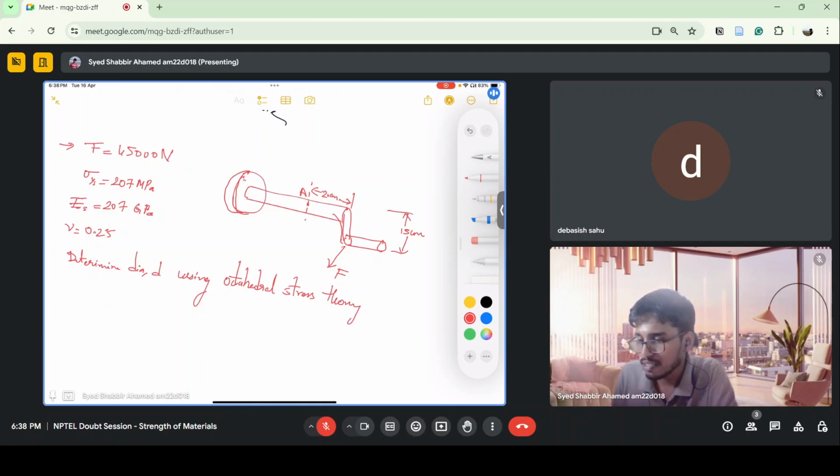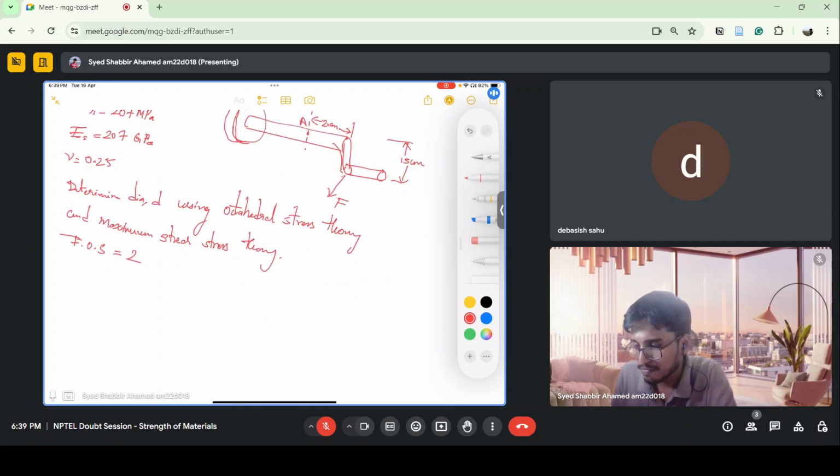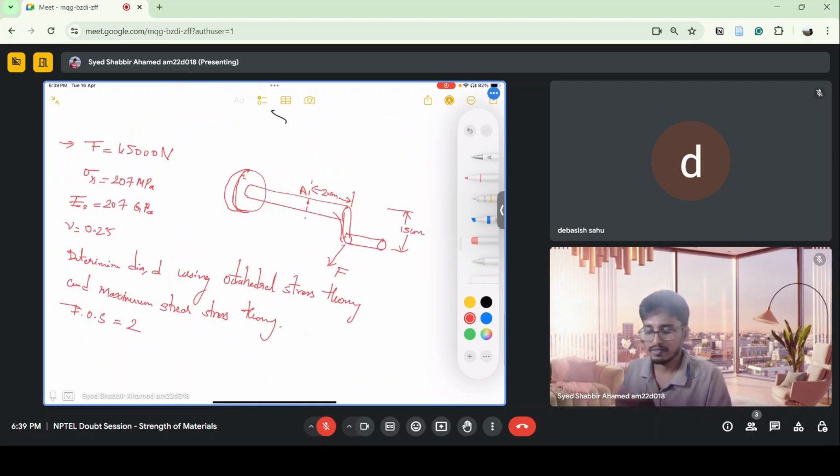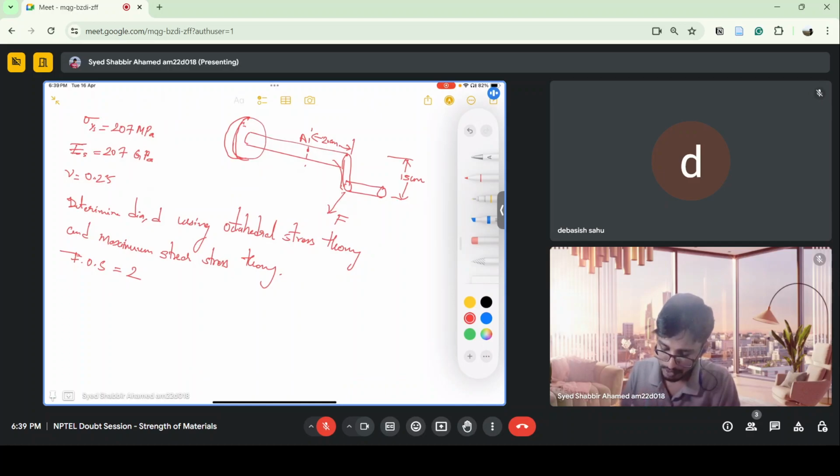And the maximum shear stress theory, which is also called Tresca yield stress theory. And we have to use a factor of safety n. Factor of safety is equal to 2. That we have to use factor of safety as well.